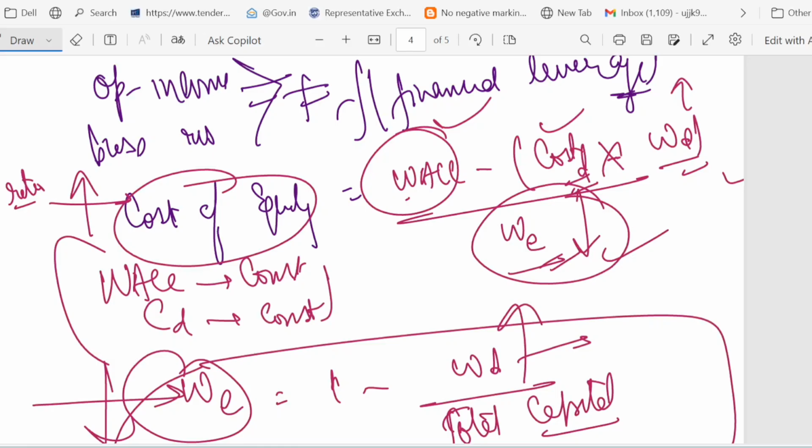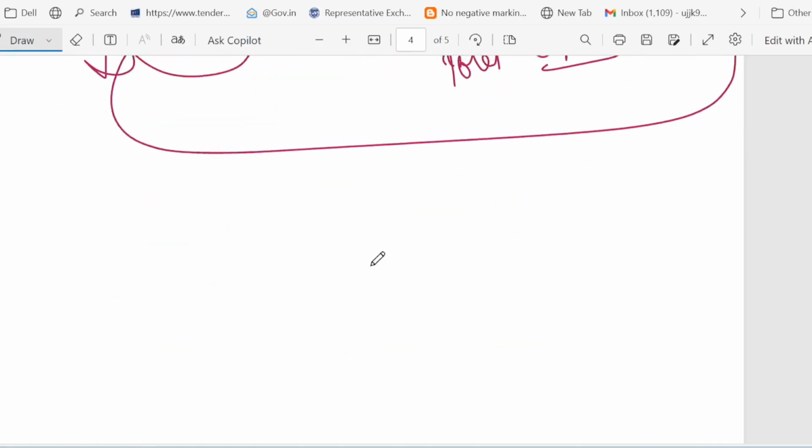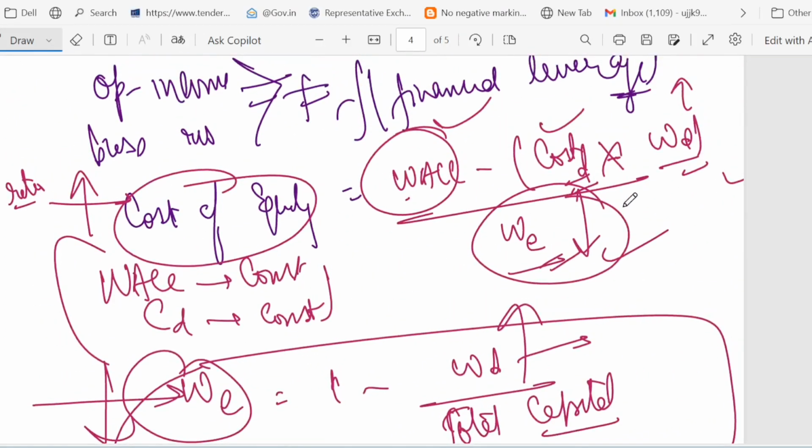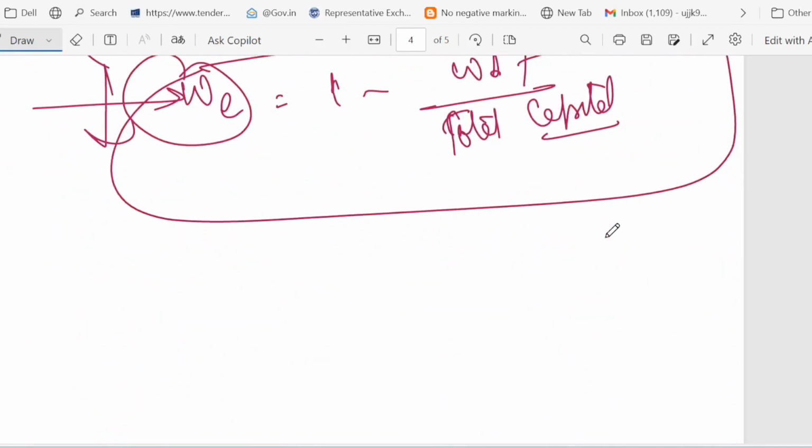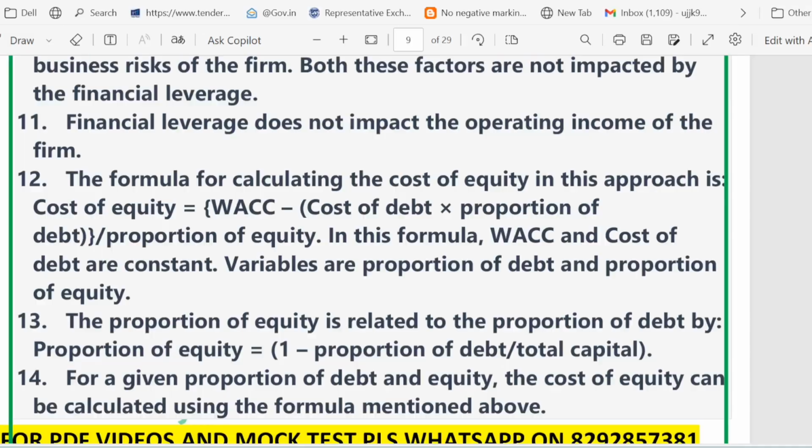Shareholders will demand more return. So in short, debt may be cheap, but it increases the risk for the equity holder. Yes, debt is cheap, but risk for shareholders increases. That's why cost of equity rises as the debt proportion increases, keeping the WACC constant.